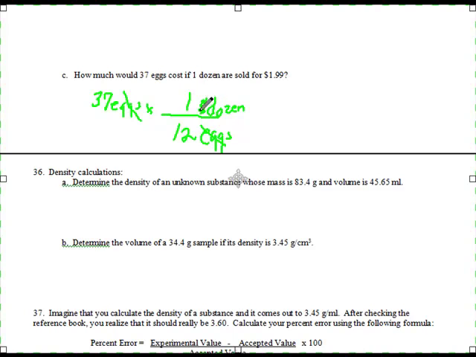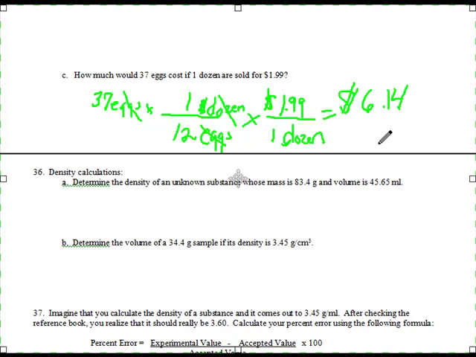Actually, I should have just written the word dozen up there. 12 eggs is 1 dozen, and that'll get rid of the word eggs for you, and then you cancel out dozen, and you put 1 dozen down here, and you know that 1 dozen is equal to $1.99. And then you multiply across the top, and you divide by anything that's on the bottom. So 37 times 1 divided by 12 times $1.99 divided by 1, which you don't need to do. And your answer is $6.14.